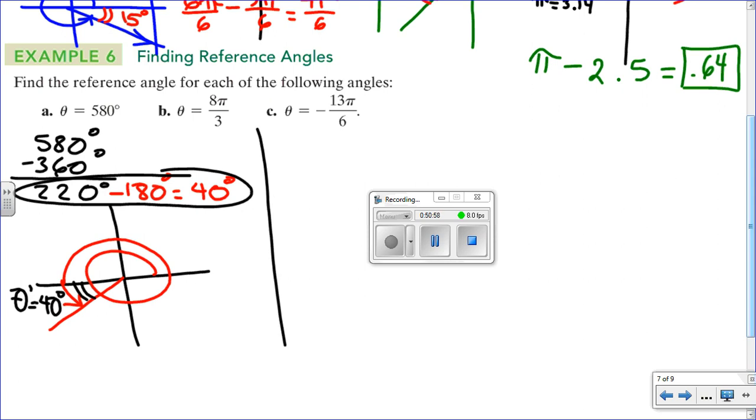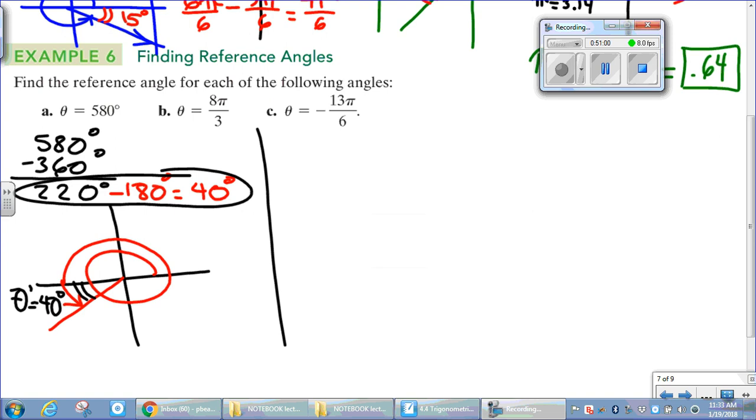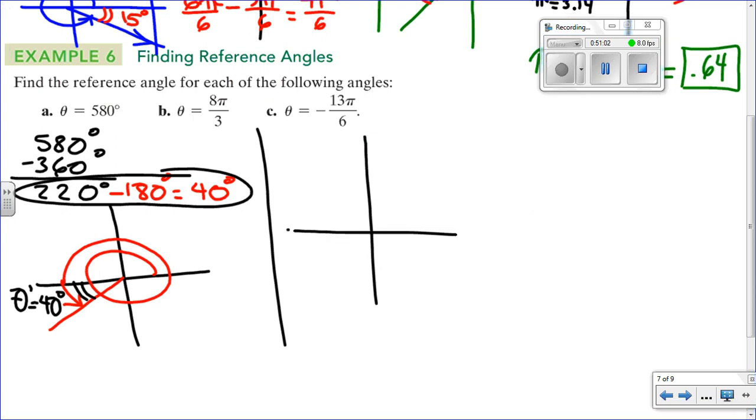Okay, part B. That one is also bigger than 2 pi. Because what is 2 pi in thirds? 6 pi over 3. So is 8 pi over 3 bigger? Yes.